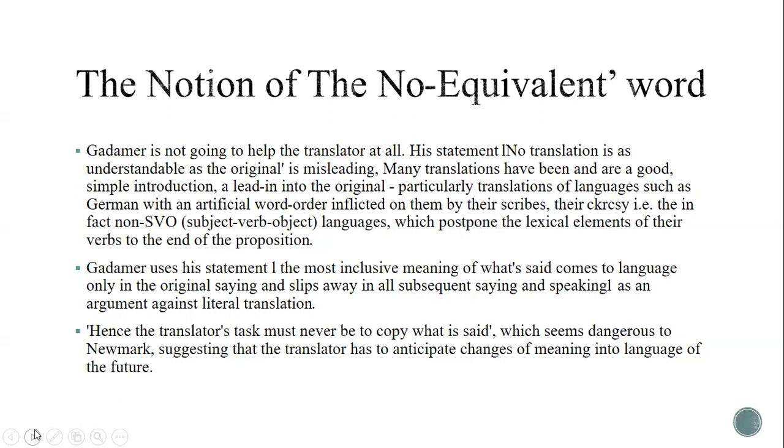Hence, the translator's task must never be to copy what is said, which seems dangerous to Newmark, suggesting that the translator has to anticipate changes of meaning into language of the future.